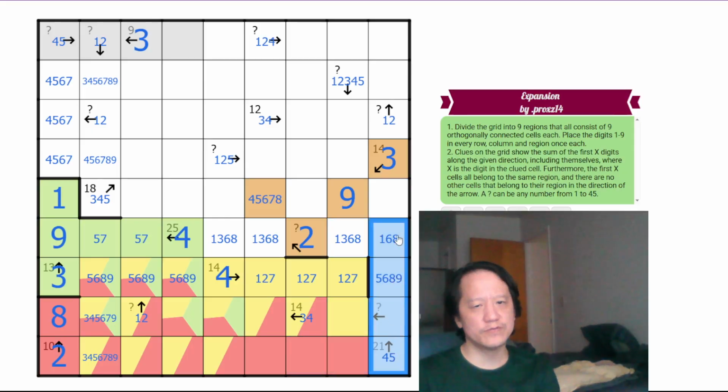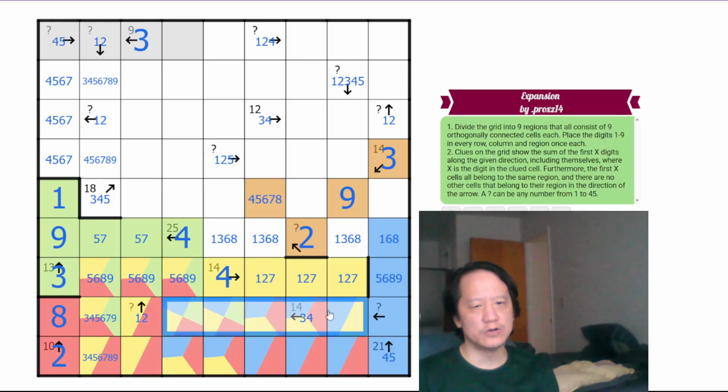The problem is yellow cannot get to here. So blue can get 5 more. So these could all be blue. Okay.